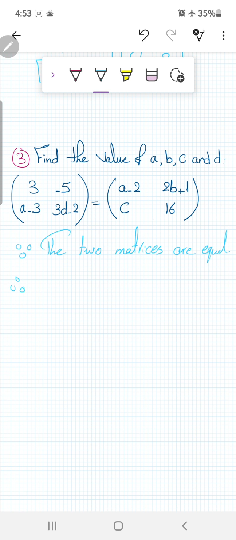So here we have 3 equals A minus 2, or A minus 2 equals 3. To get the value of A, move negative 2 to the other side with the opposite sign, which is positive 2. 3 plus 2, so A here equals 5.